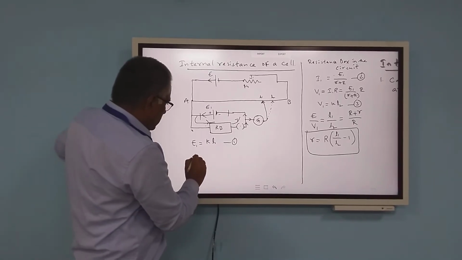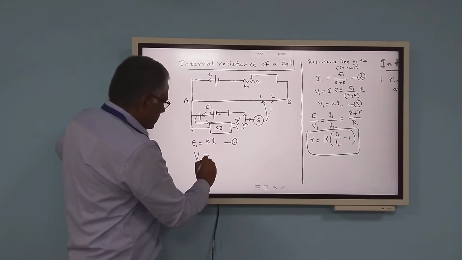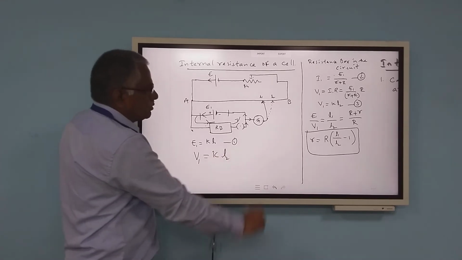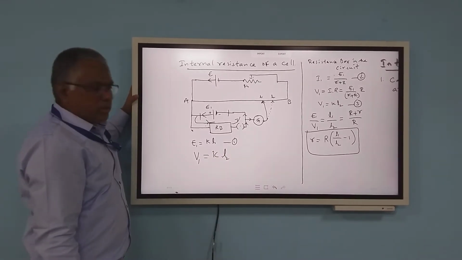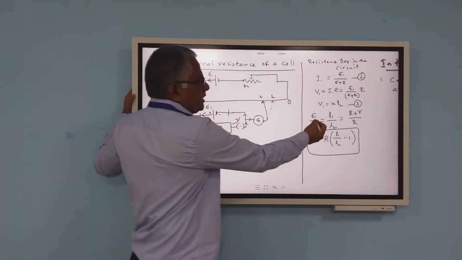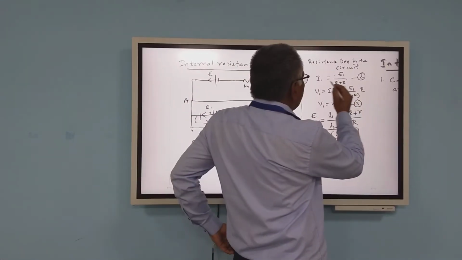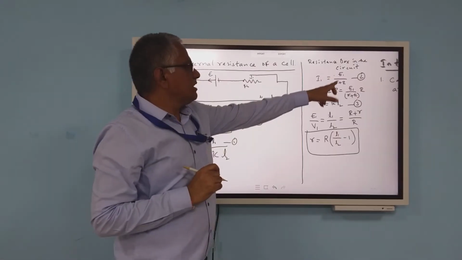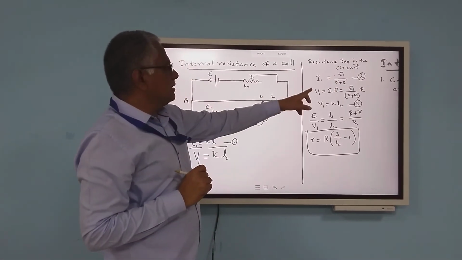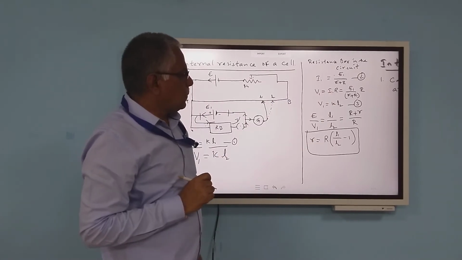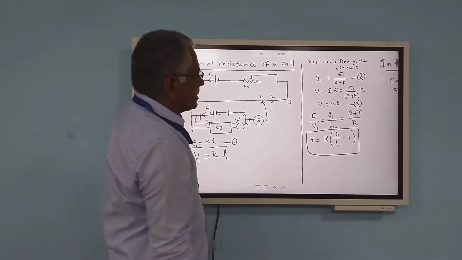That is V1 is equal to K into L2. So E1 by V1 is equal to L1 by L2. The current passing through this one is I1 is equal to E1 by R plus r. V1 is equal to I1 into R. We can find out the internal resistance.